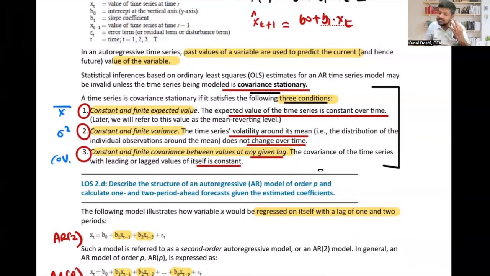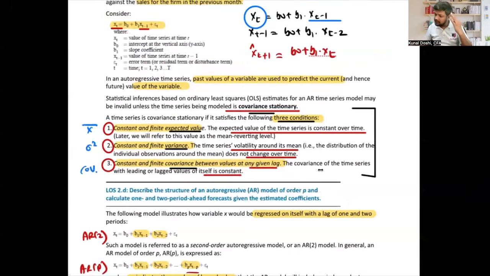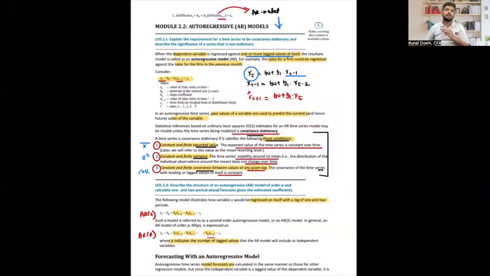It needs three conditions to be satisfied, which we discussed: constant and finite expected value and variance, and the same with covariance, constant and finite. When these conditions are met, only then we can use the model. Otherwise, the model is unreliable. We cannot use the model, right?